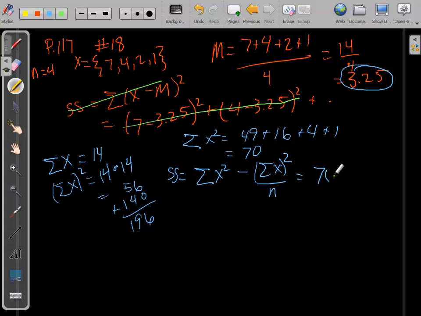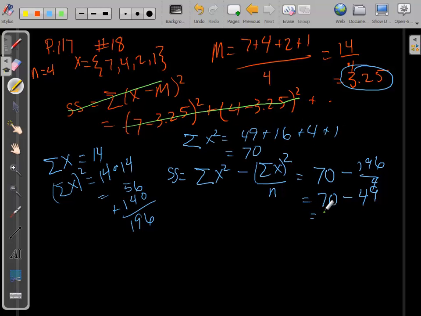So this is 70 minus 196 over 4. 196 divided by 4 is 49, and 70 minus 49 is 21.